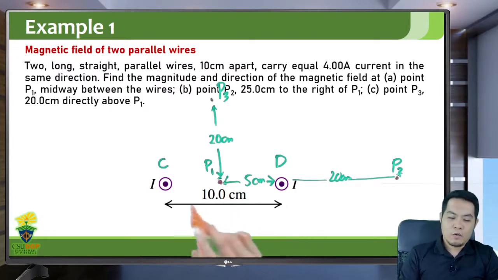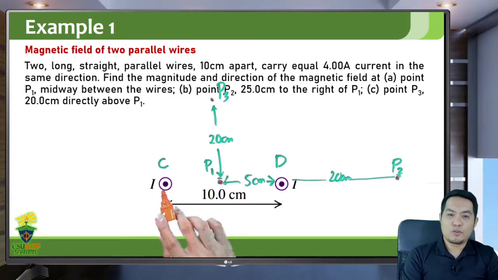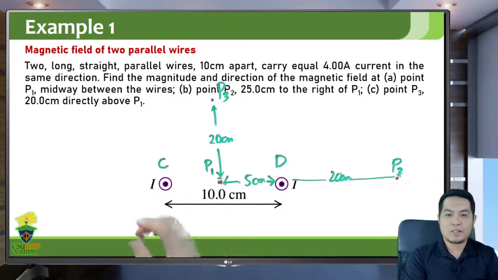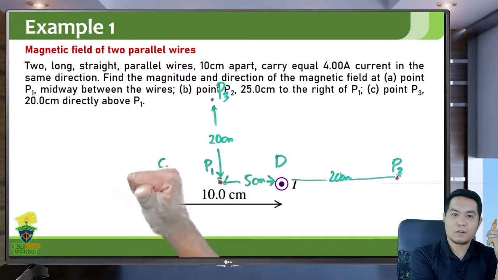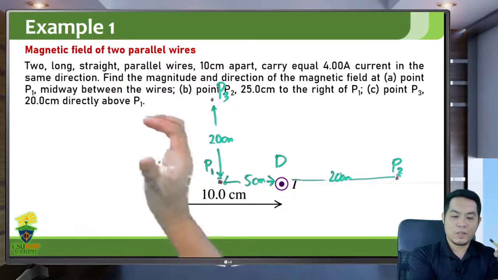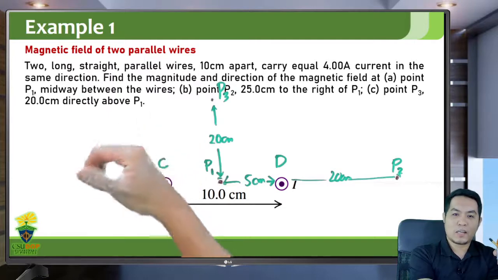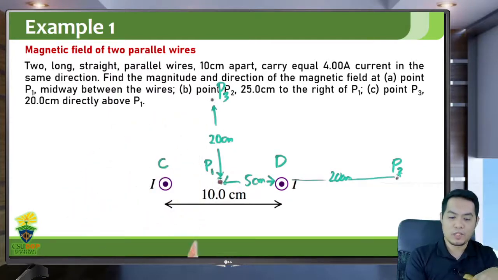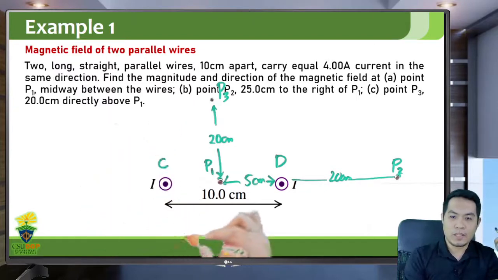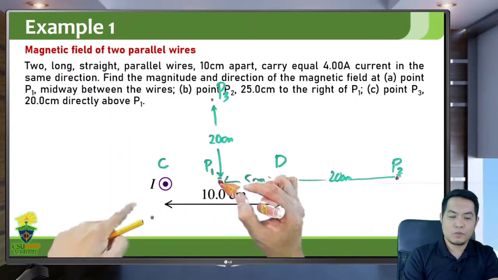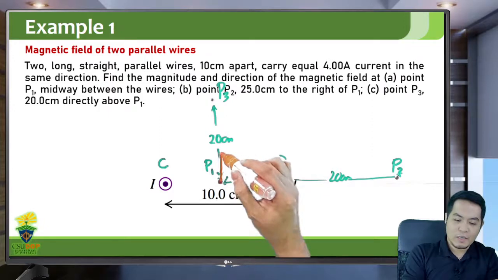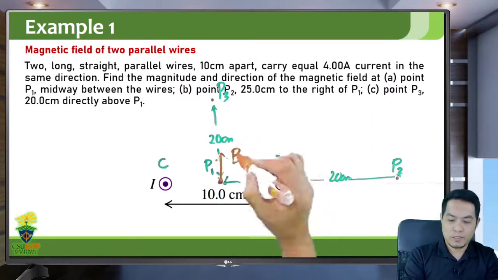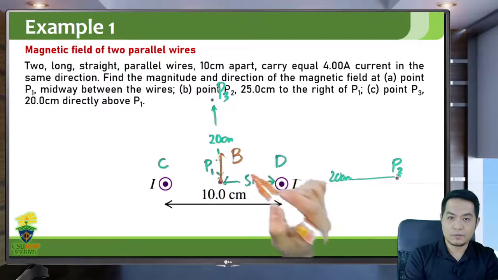So, what's the magnetic field due to wire C at point P1? Notice the direction of the current is out of the plane, out of the page, meaning the direction of the magnetic field around this wire is counterclockwise. So at this point, due to wire C, the magnetic field will be directed upwards.